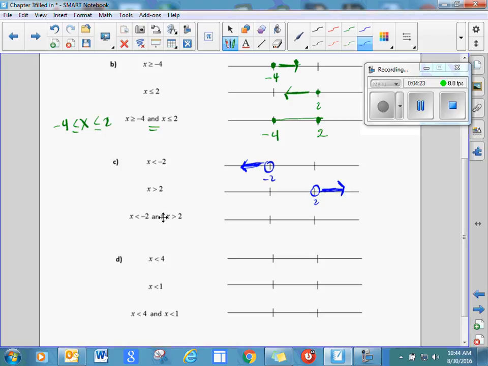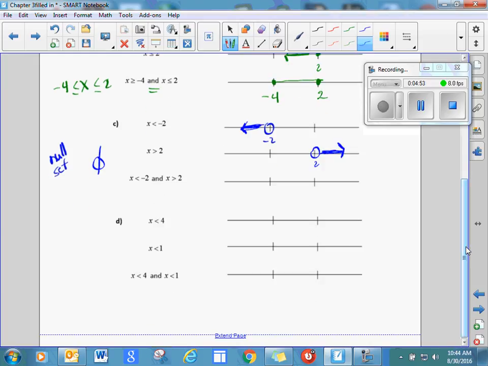So tell me all the numbers that are less than -2, but also greater than +2. Not one. There is no solution. There are no numbers. We call this the null set, N-U-L-L set, because there are no numbers that make this true. The answer is that there are no numbers that satisfy both of those conditions.